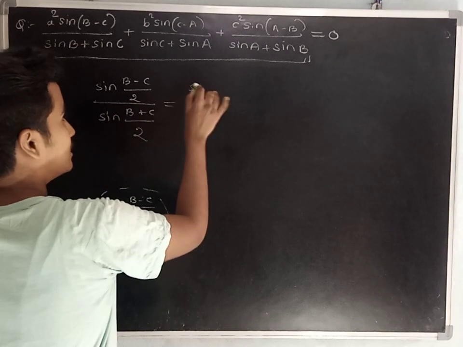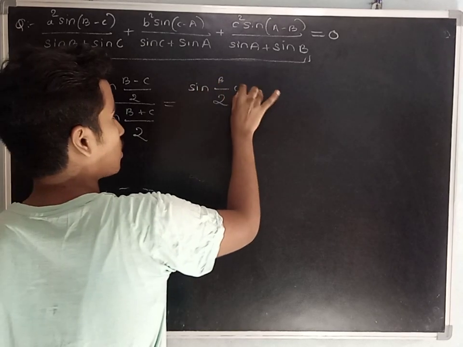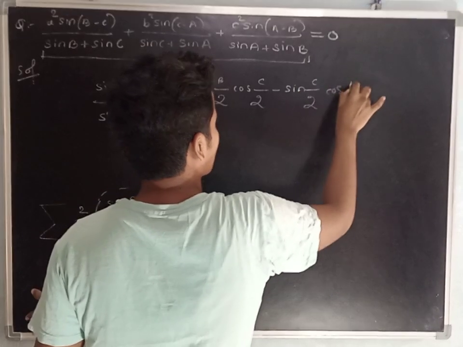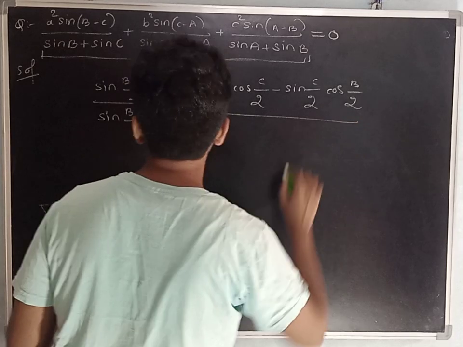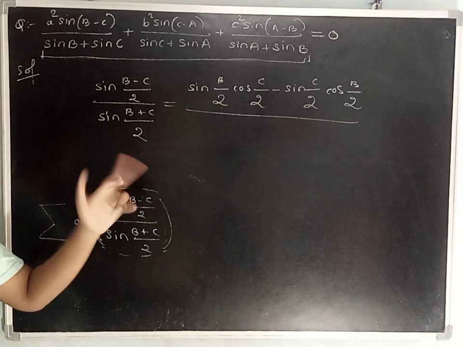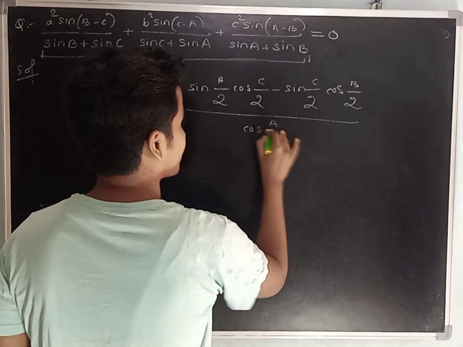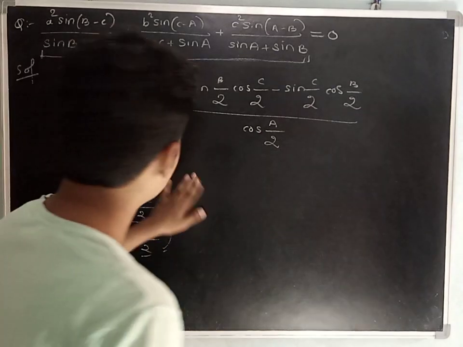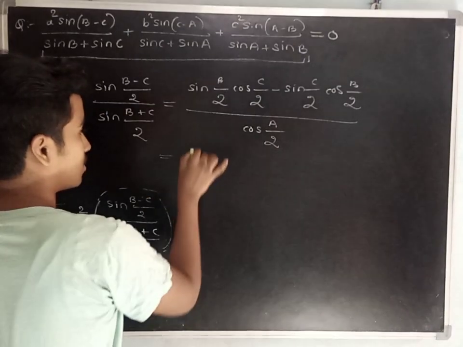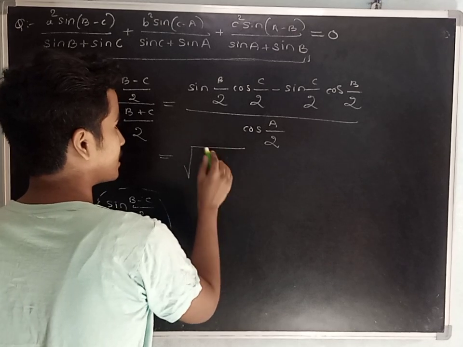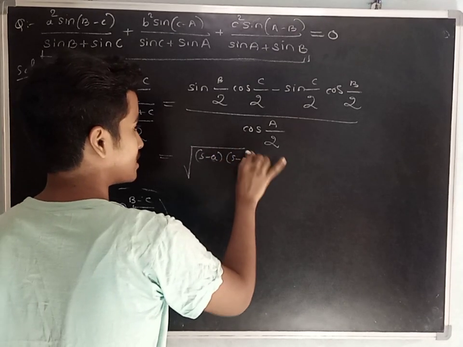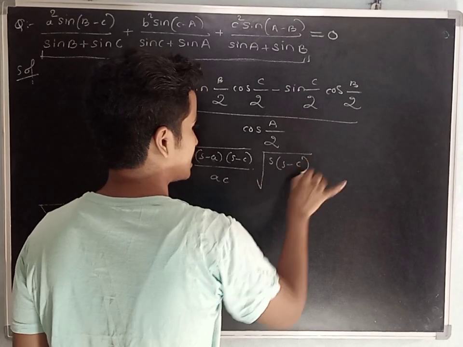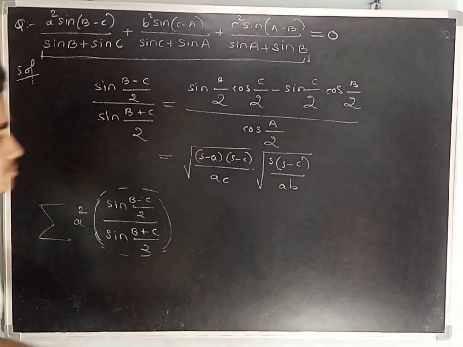It's nothing but sin b by 2 cos c by 2 minus sin c by 2 cos b by 2, by sin (b plus c) by 2, which can be written as cos a by 2. Now sin b by 2 is nothing but root of s(s minus a)(s minus c) by ac into root of s(s minus c) by ab.